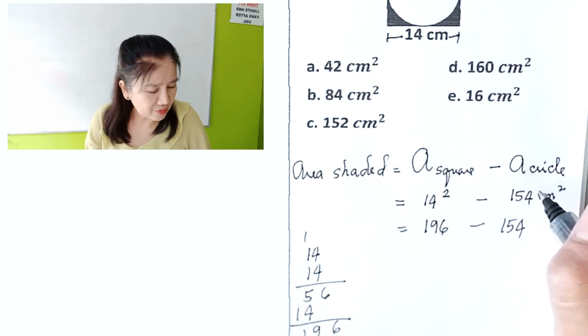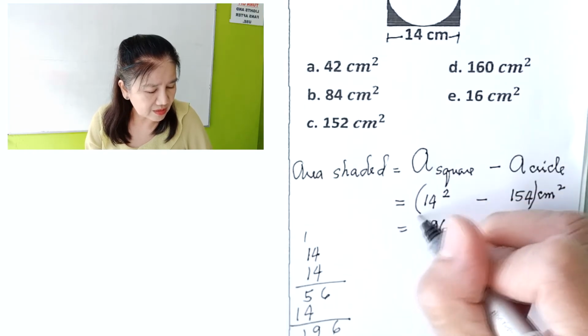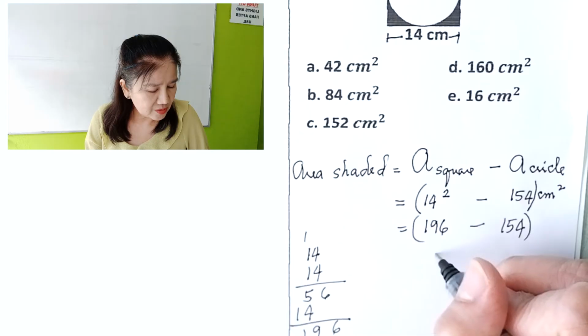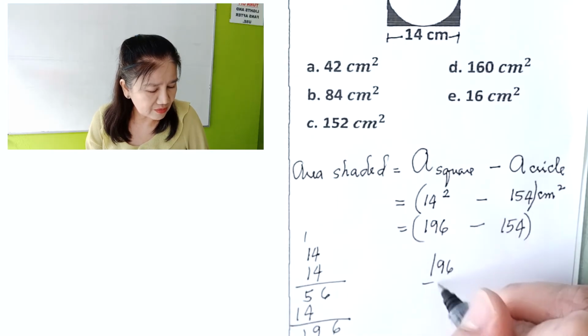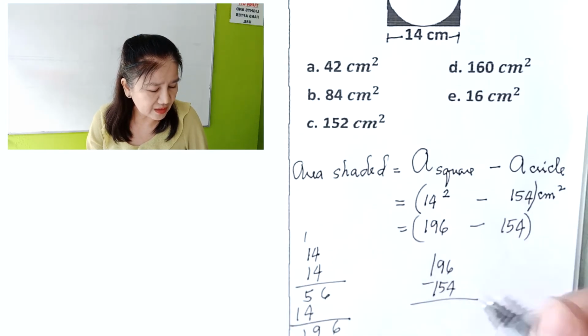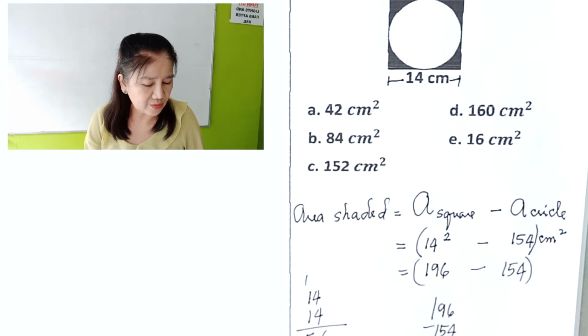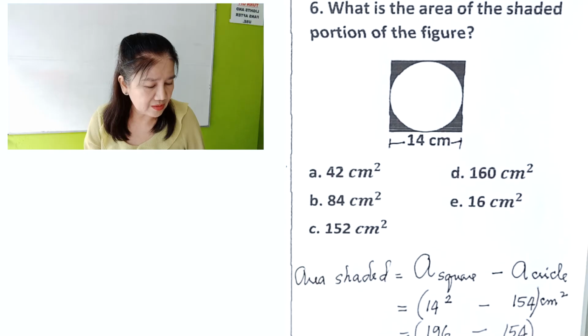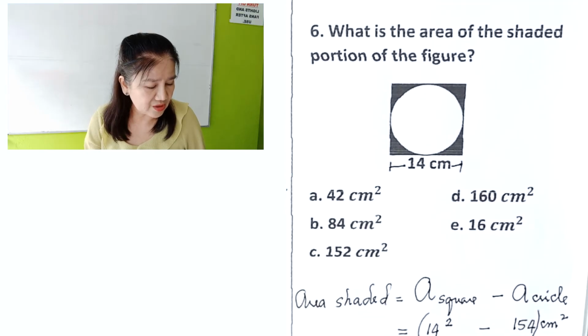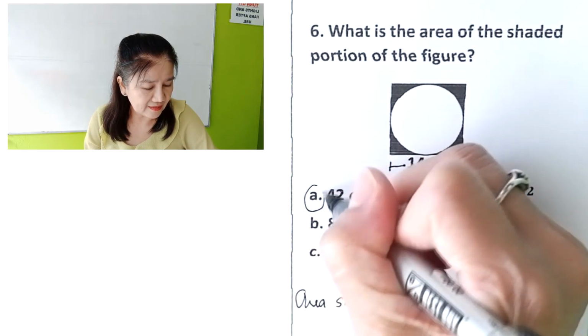These are both, of course, cm squared. So 196 minus 154 gives us 6 minus 4 is 2, 9 minus 5 is 4. So we have 42 square centimeters. So the correct answer has to be letter A.